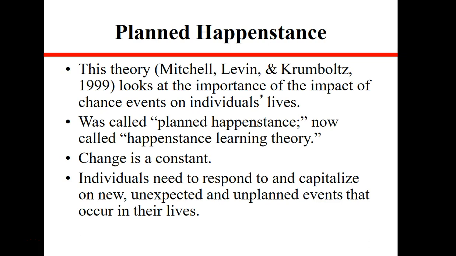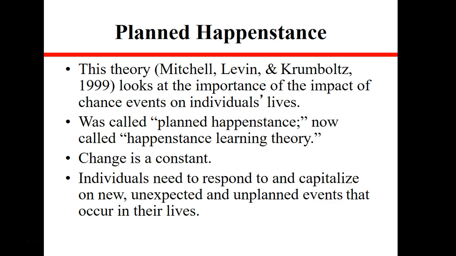I also want to, before we end this lecture, look at the notion of planned happenstance. So this is part of Krumboltz's theory. It looks at the importance of the impact of chance events on individuals' lives, and this was originally called planned happenstance, but is now part of happenstance learning theory.